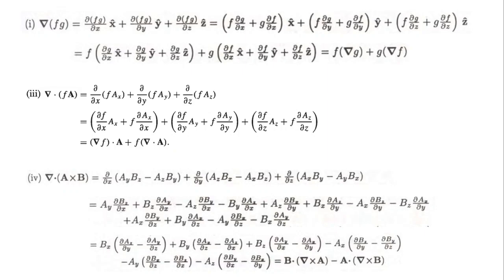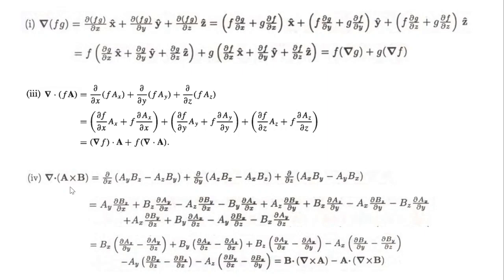Coming to the fourth product rule, divergence of a cross b. So you need to expand the del operator and also you need to find out a cross b. So a cross b you can write in the determinant form. In the first row you have x cap, y cap, z cap.